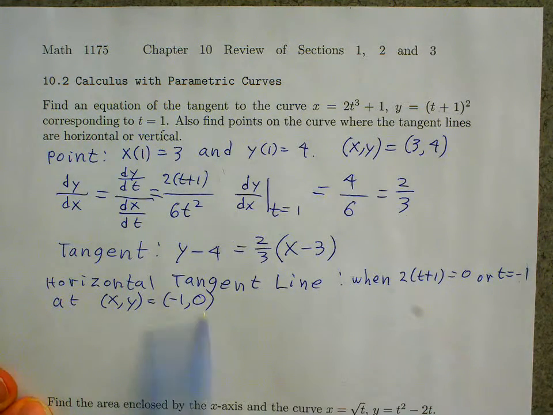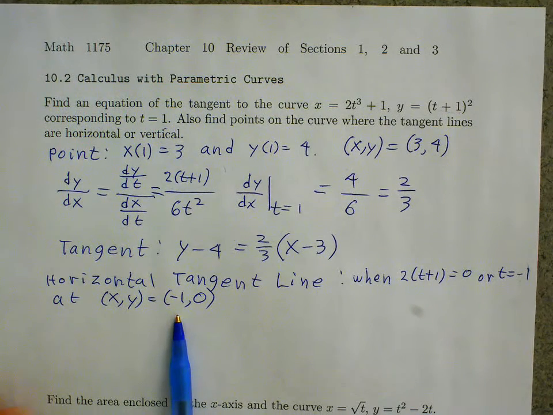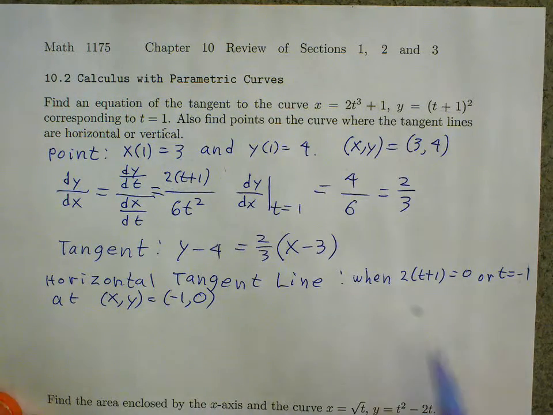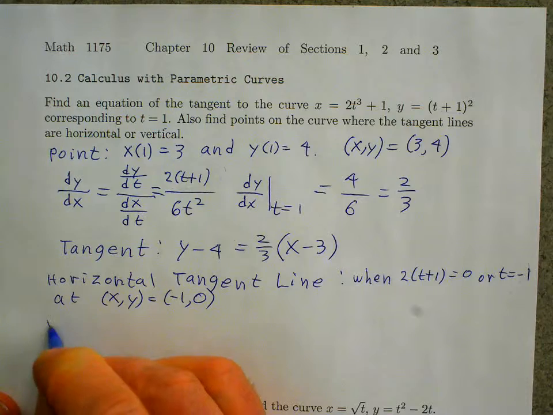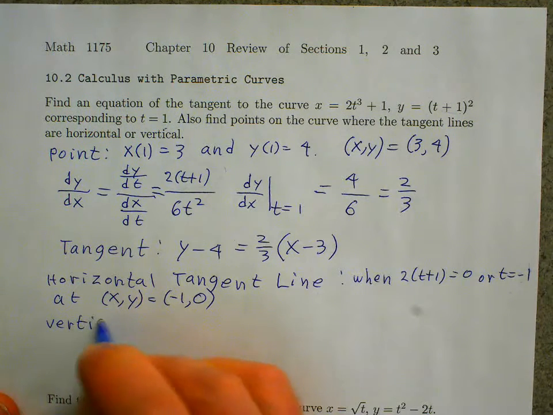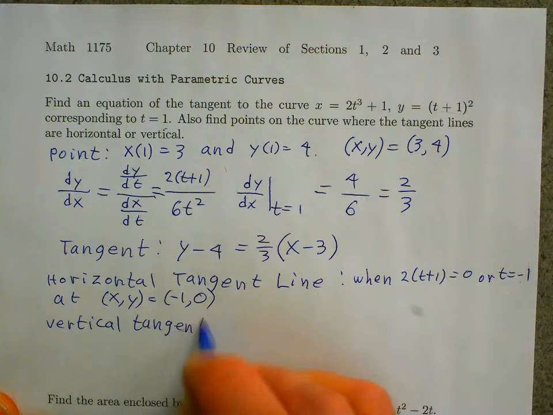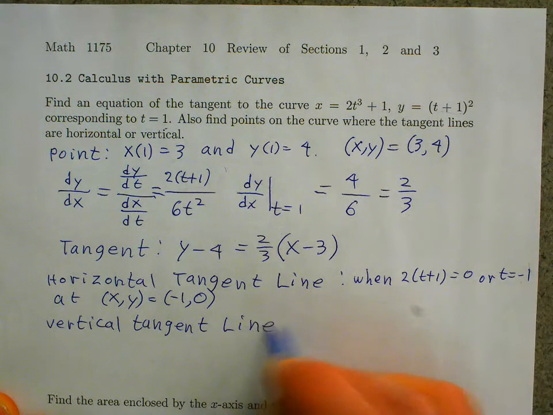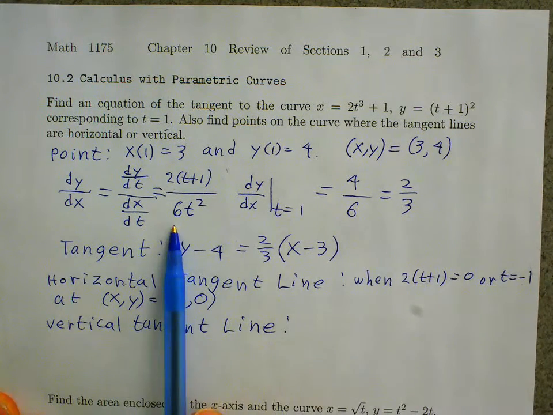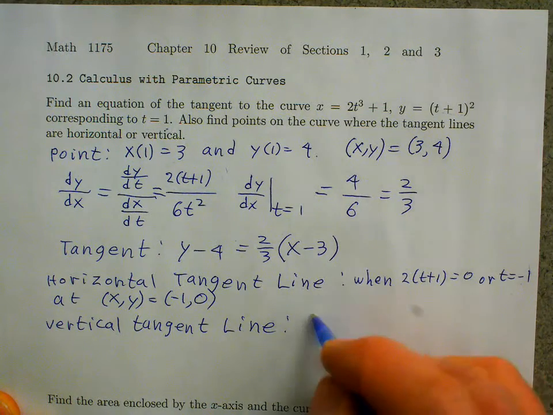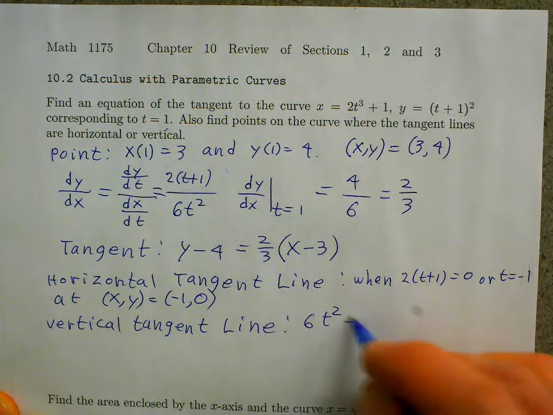So the horizontal tangent line will occur at this point in the xy plane, and the vertical tangent line occurs when the denominator of the derivative is 0. So 6t to the second is 0 when t is 0.